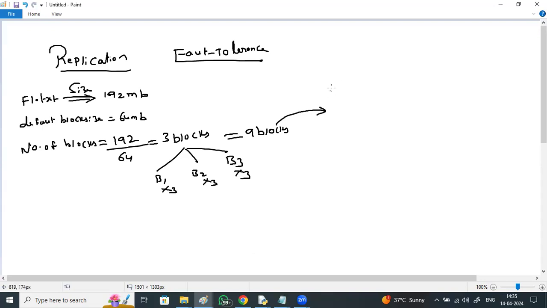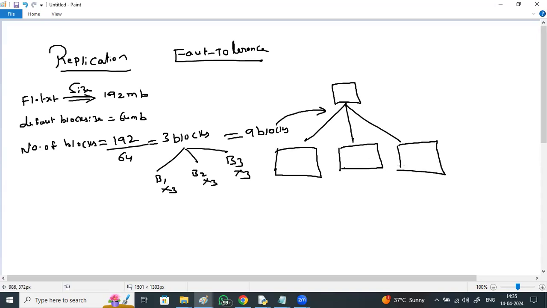This is your master node, and these are your slaves. Assume you have 3 slaves. In Hadoop, your file will be divided into smaller parts. By default, each part is 64 MB here. 192 by 64 gives 3 parts, which we call 3 blocks. But I am duplicating B1 three times, B2 three times, B3 three times.